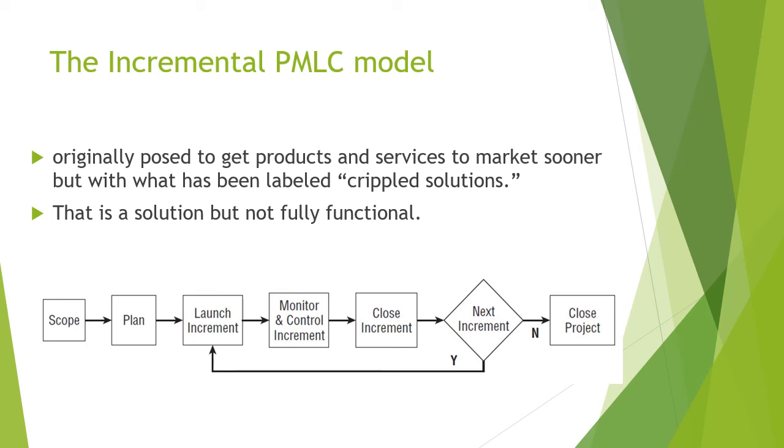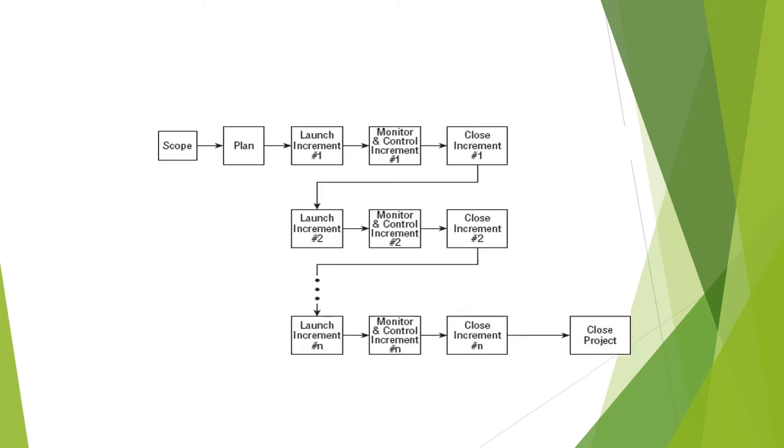It's not like the waterfall or the traditional type. This one has repetitions, you will come back and do it again and come back and do it again until we finish it. For instance, this can be a construction, a residential building. Once we build the ground floor, we can start living in that ground floor, or we will put our stuff inside there and continue building the rest of the building.